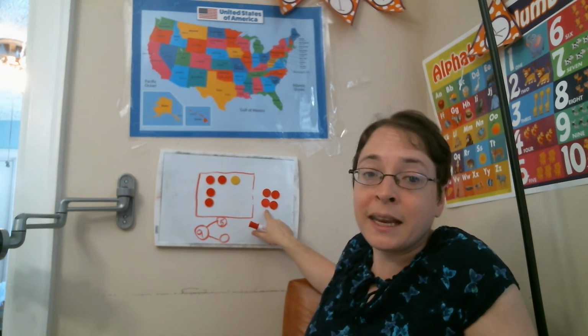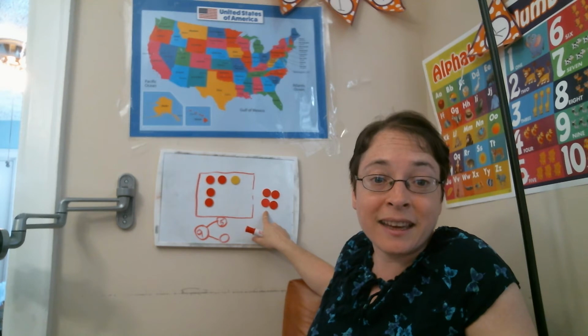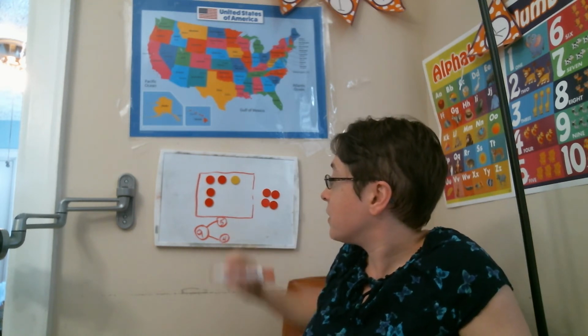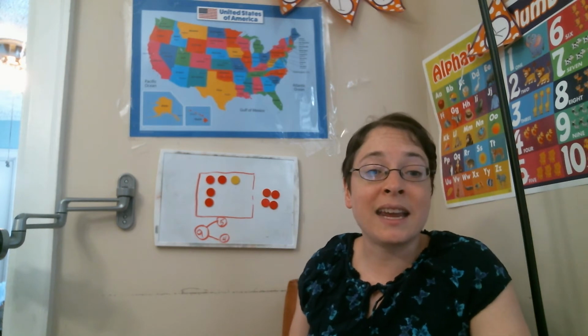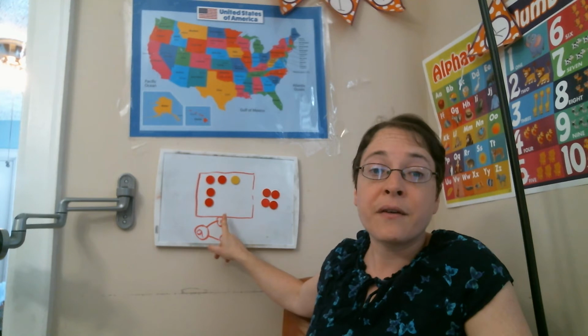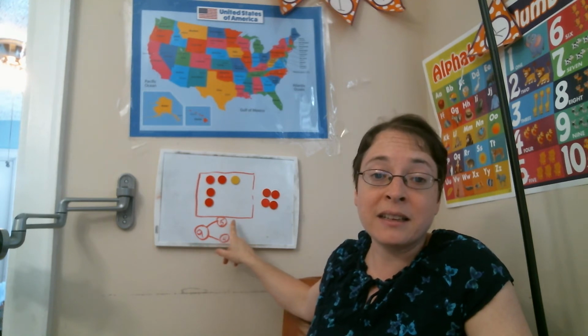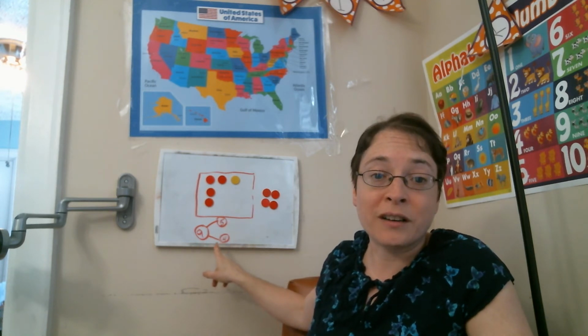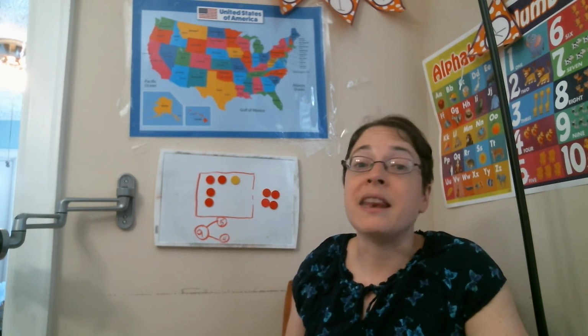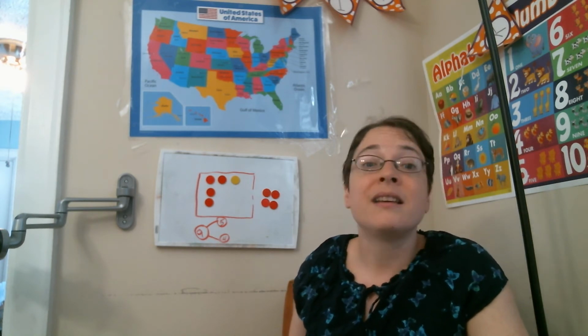And how many are off the picnic blanket? 4. So we can say that 9 is 5 and 4. Very good.